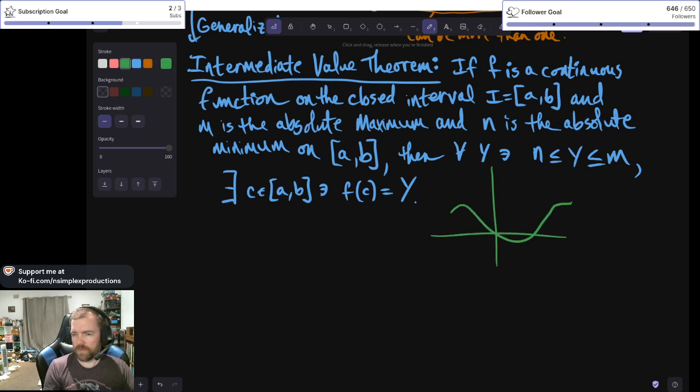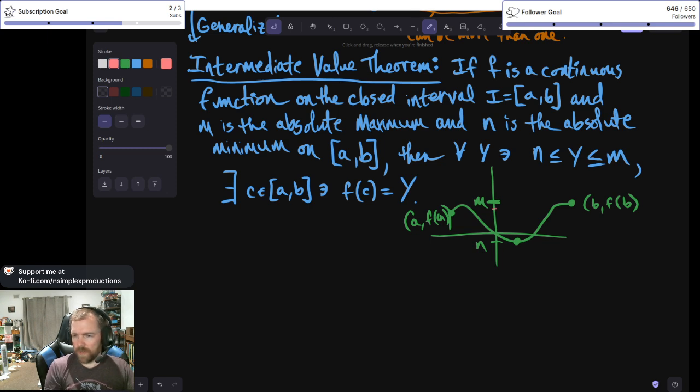So you get some function like this. This is going to be our b comma f at b. This is going to be our a comma f at a. Here, this is going to be our y equals n. And somewhere up here is our y equals m.